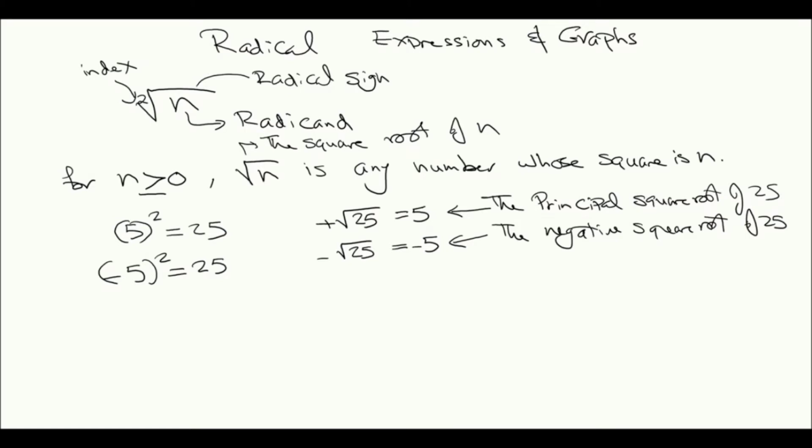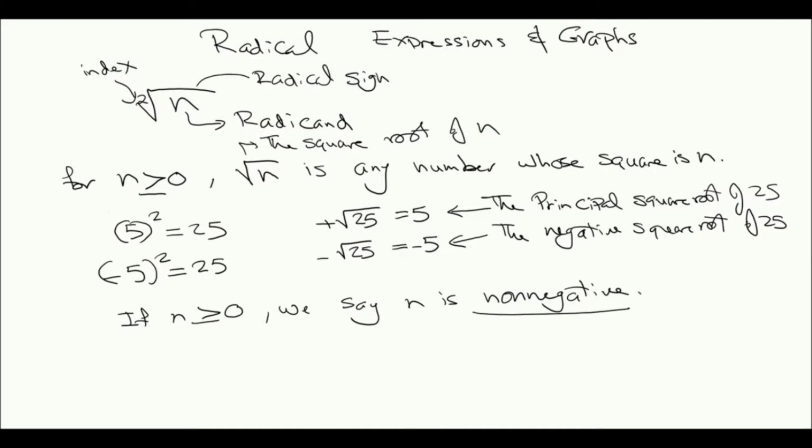And if a number n is greater than or equal to 0, we don't call it positive anymore. We say n is non-negative. That's a term that you're going to have to get comfortable with.